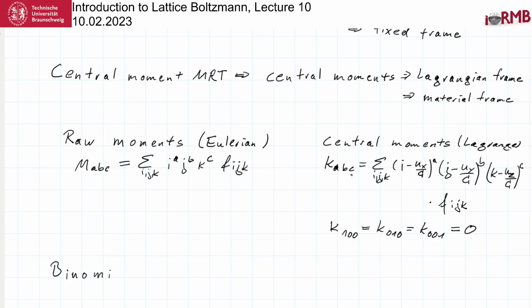For example, you can transform central moments in raw moments and the other way around. And this is done by the binomial transform between frames of reference.